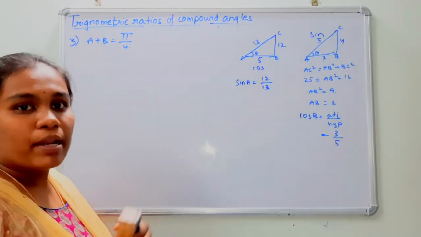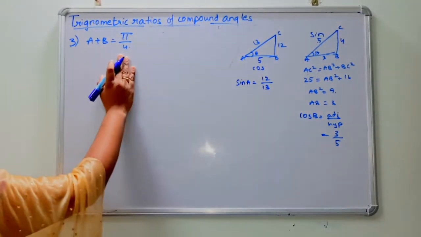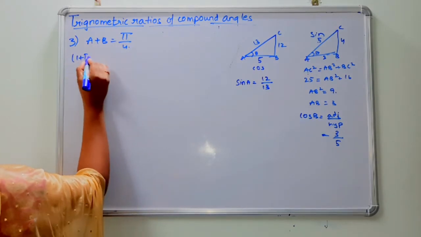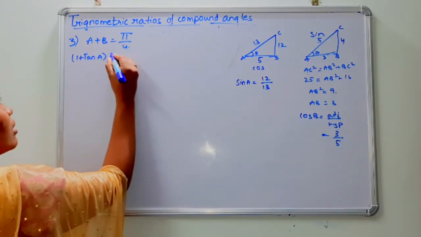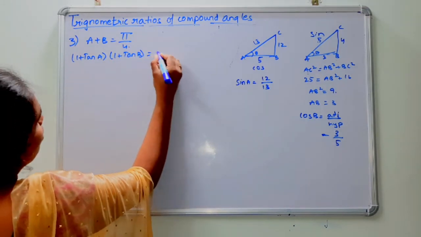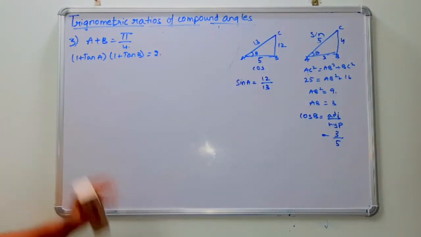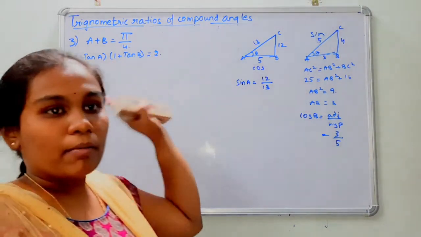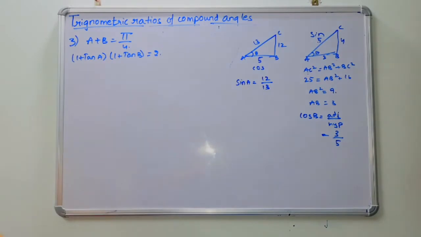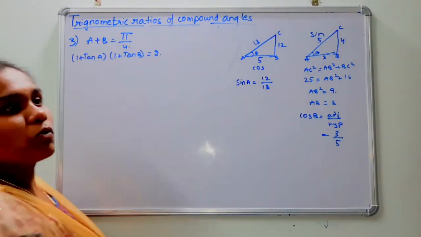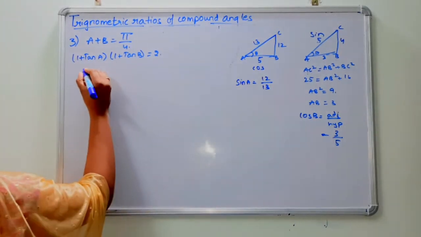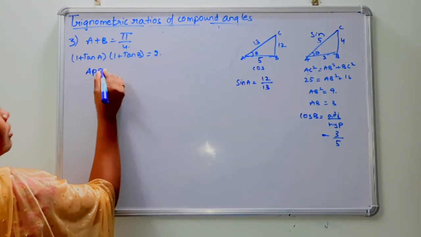We have to prove that 1 plus tan a into 1 plus tan b is equal to 2. How to prove it? They have already given in the question that a plus b is equal to pi by 4. Then apply tan on both sides.